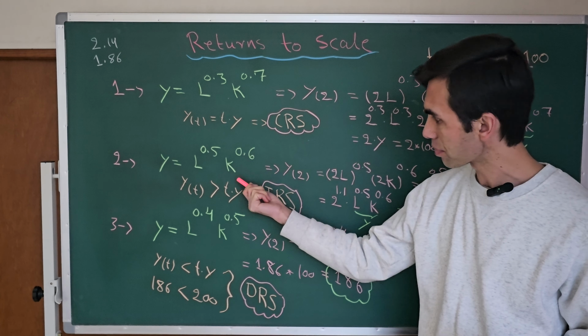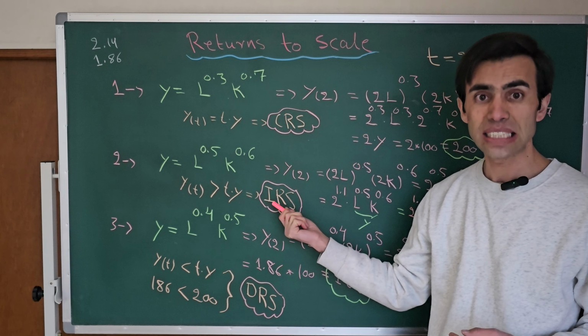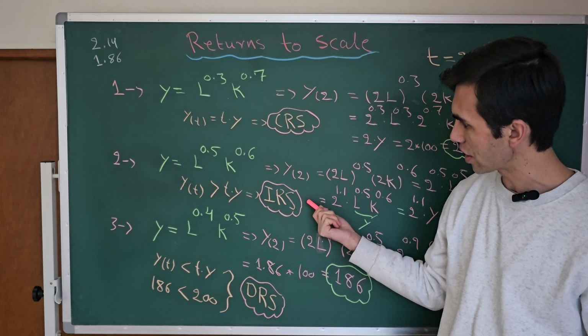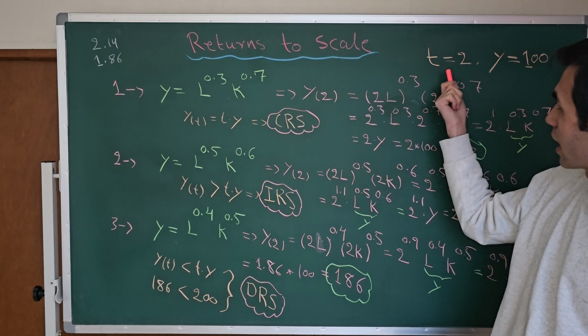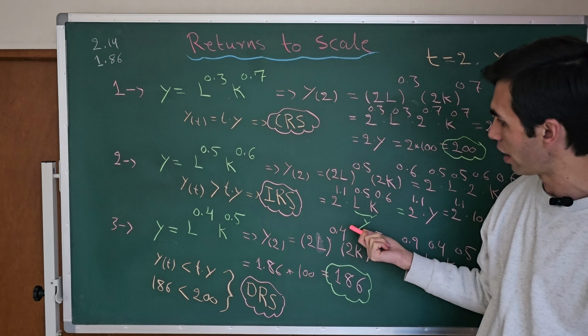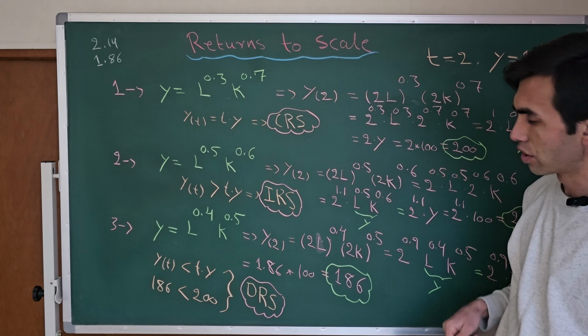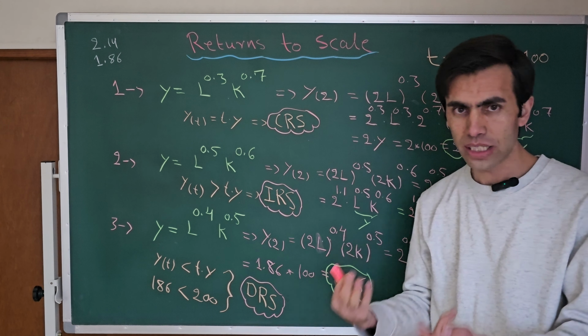The second one is an illustration of increasing return to scale: we scaled up our input by 2, but our output increased by 2.14, which is more than that.